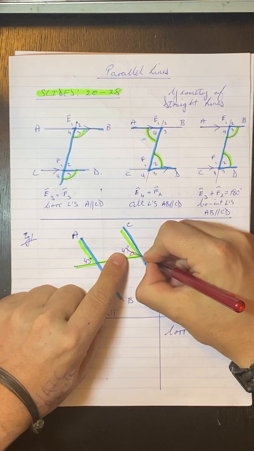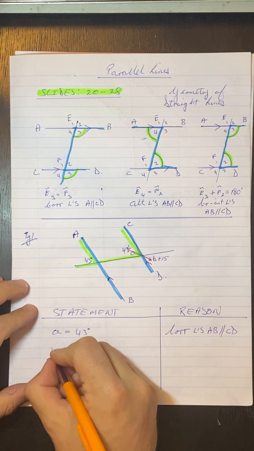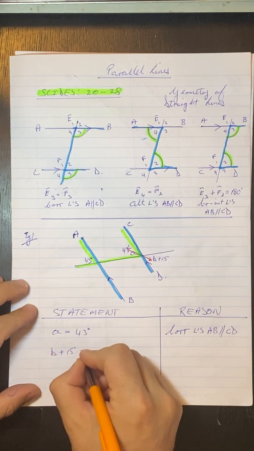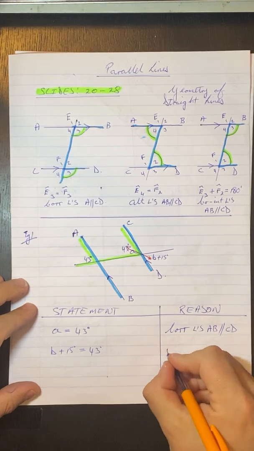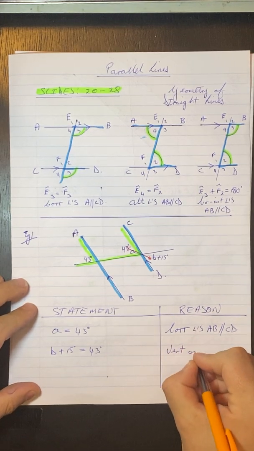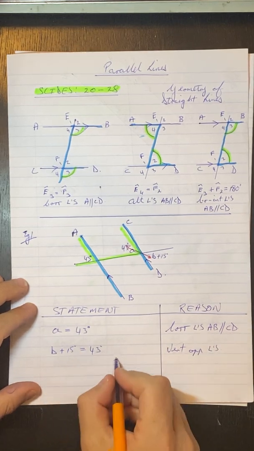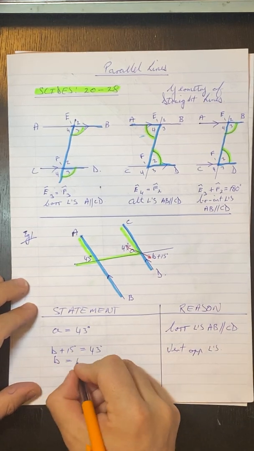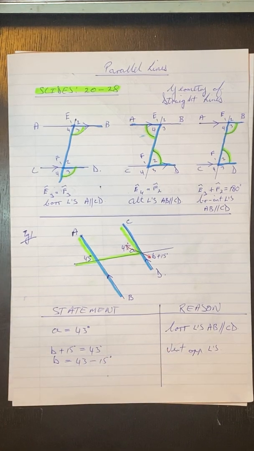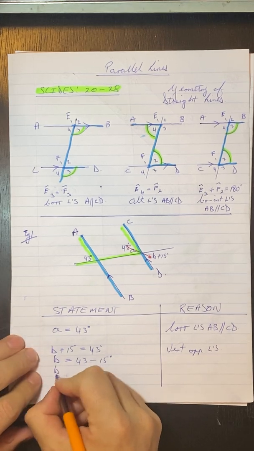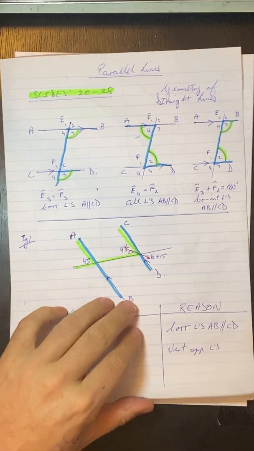So that means that B plus 15 will be equal to 43 because we calculated A to be 43. My reason here is vertically opposite angles. Nice equation to solve. Just take that to that side and we get B is equal to 43 minus 15, and 43 minus 15 is 28. Okay, so we've solved for that one.